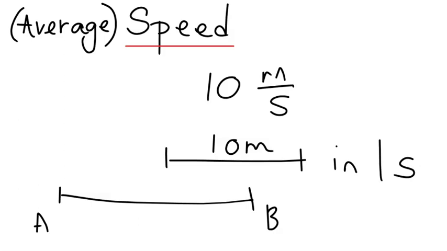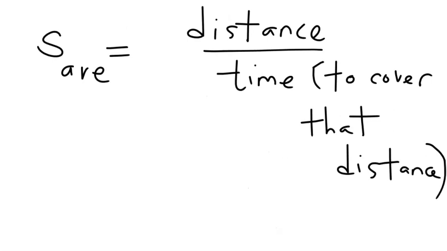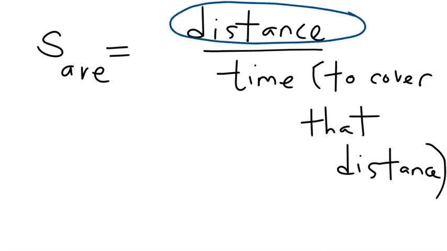Now how do we calculate this average speed? What is the formula for it? To calculate average speed, this is the equation that we use: distance traveled over the time it takes to cover that particular distance.